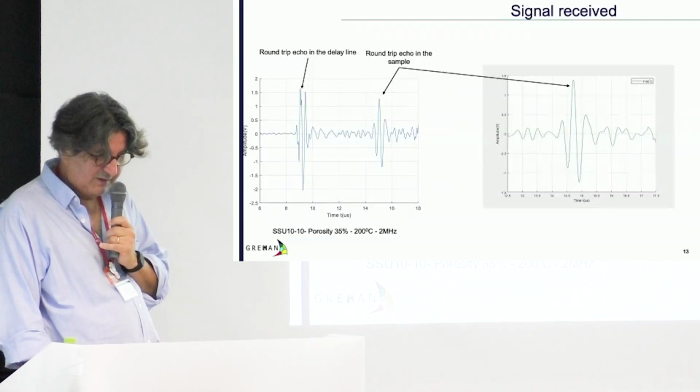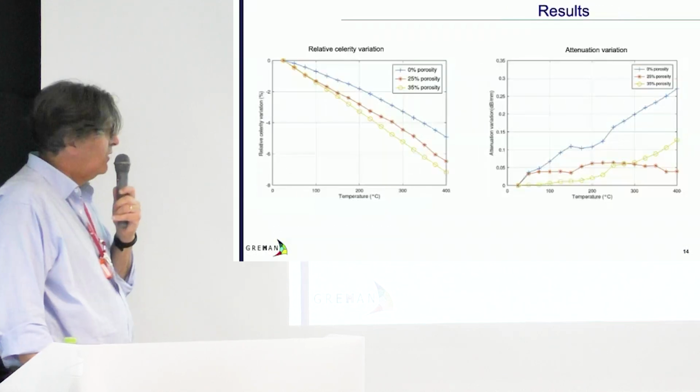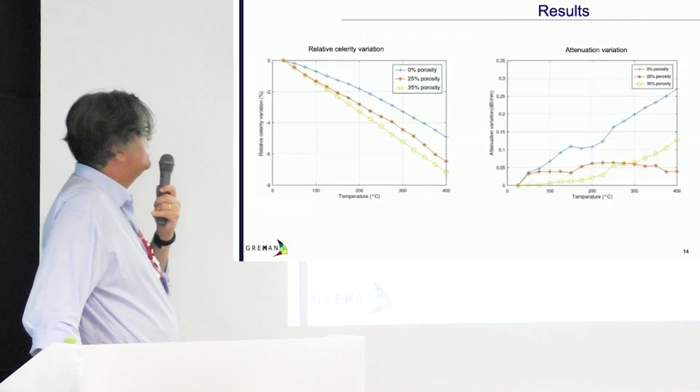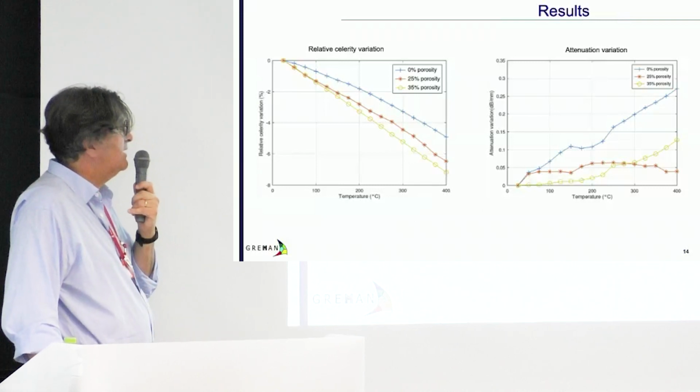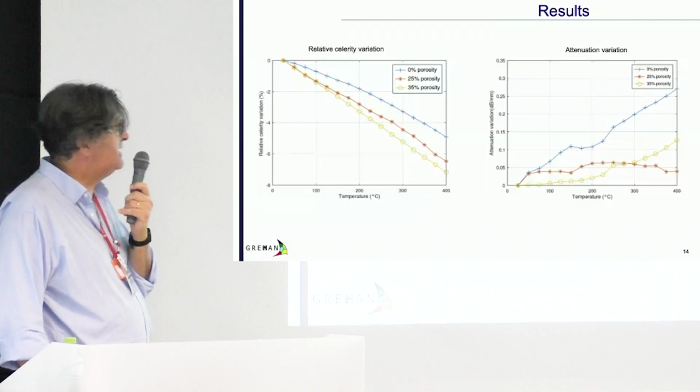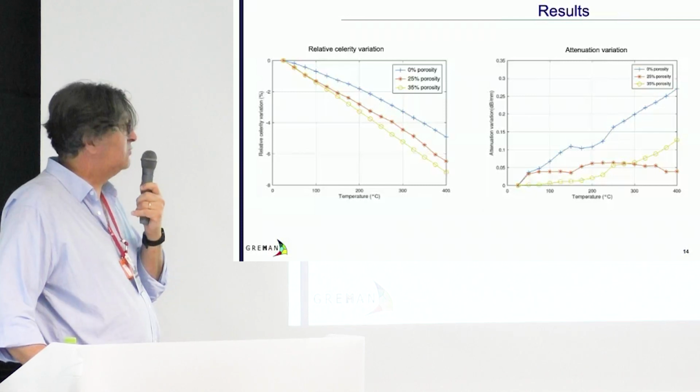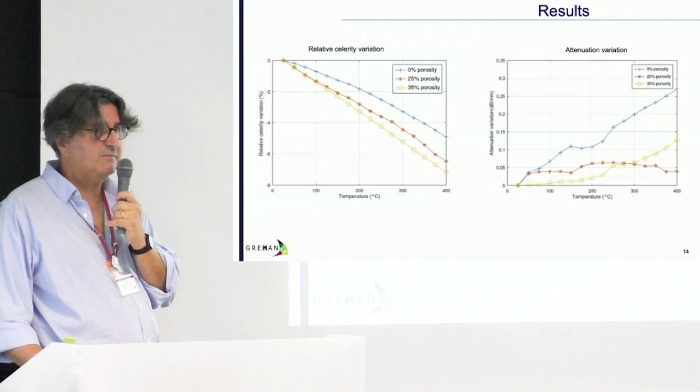So on this figure, we have the relative celerity variation and the relative attenuation variation that we can observe versus the temperature.